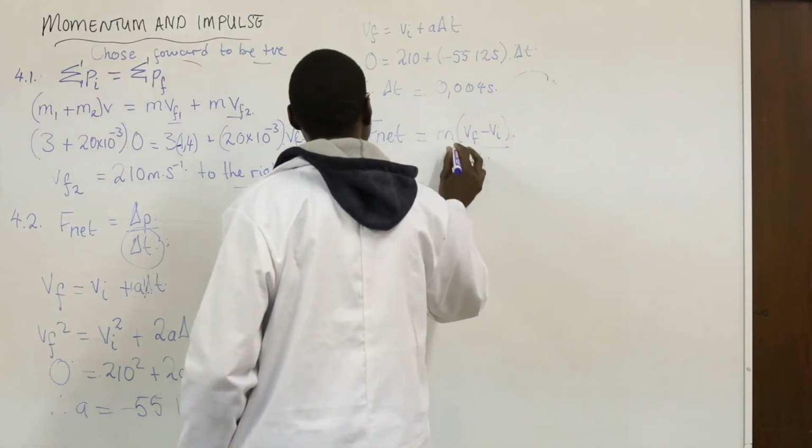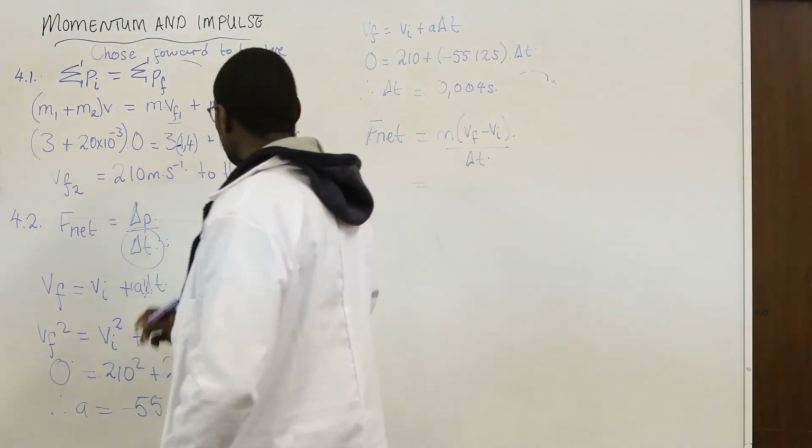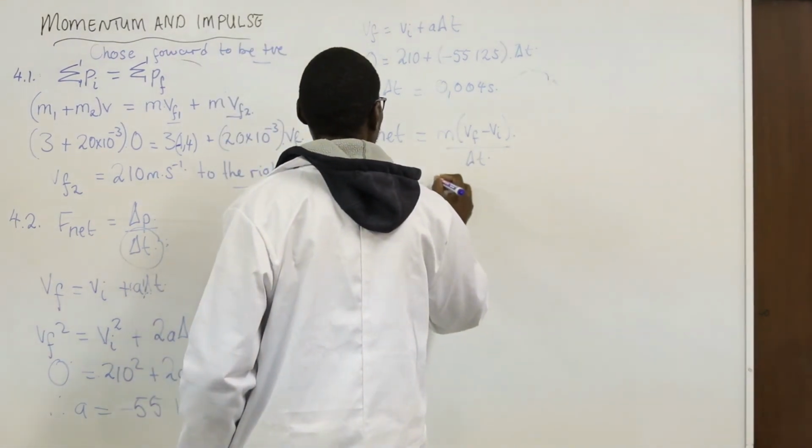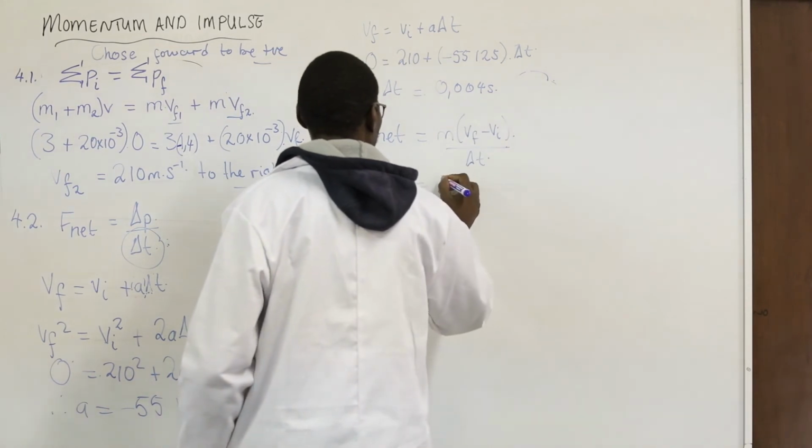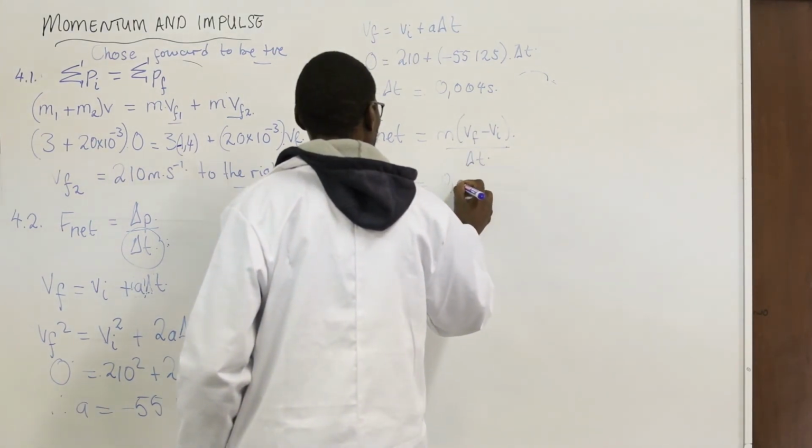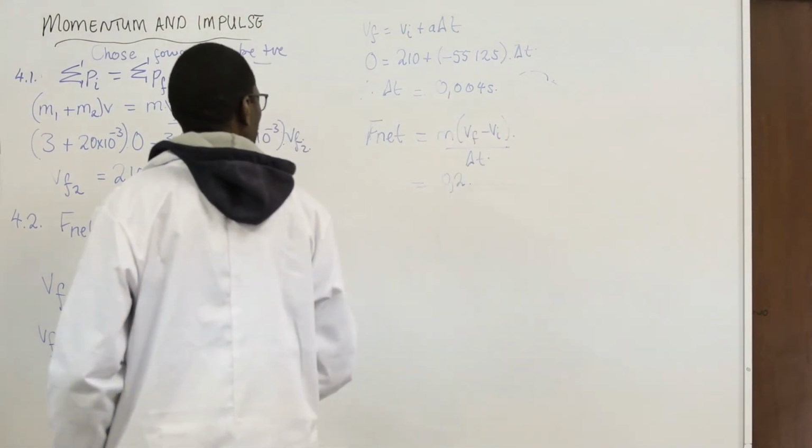Our mass, that is the mass of the bullet, is 20 times 10 to the power negative 3, which is, okay, I'll put it at 0.2 here.